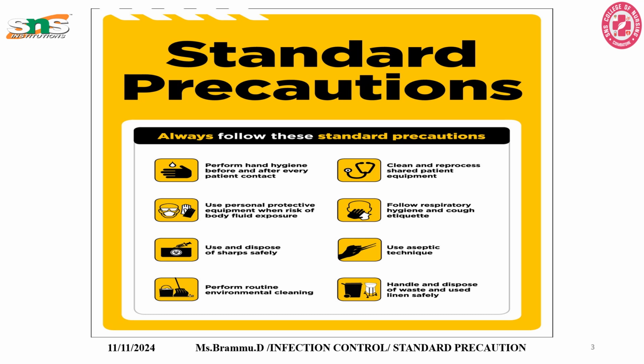Using aseptic techniques throughout the procedure whenever there is a chance of an invasive procedure to the patient. Performing routine environmental cleaning, so frequently mopping and cleaning the floors, and handling and disposing of waste as well as using the linen safely.